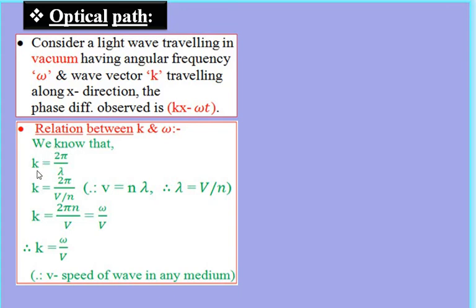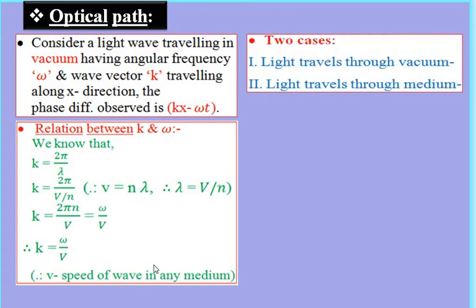We know that the wave vector k is equal to 2 pi divided by lambda, and as v is equal to n lambda, lambda is equal to v upon n. Putting the value of lambda in this equation, we get k equal to 2 pi divided by v upon n. Therefore, k is equal to 2 pi n upon v, which is equal to omega. So k is equal to omega divided by v. Here v is the speed of the wave in any medium.